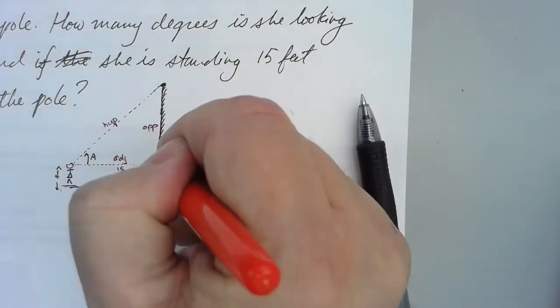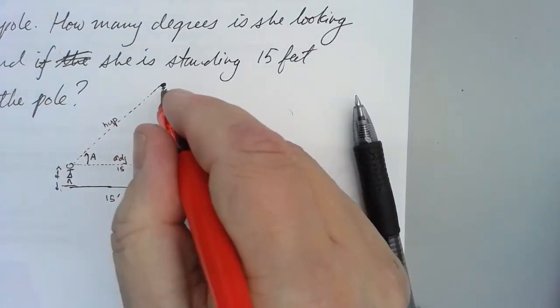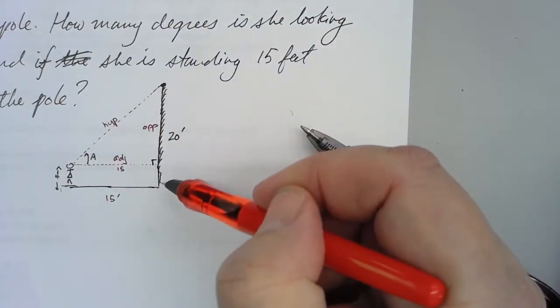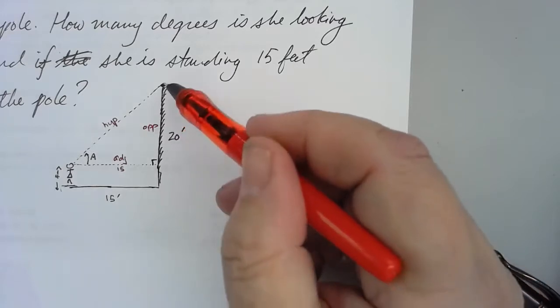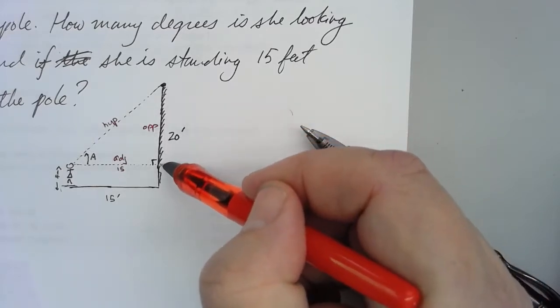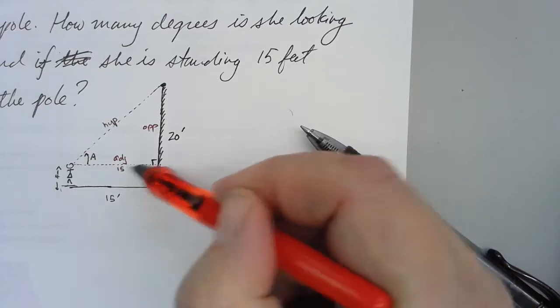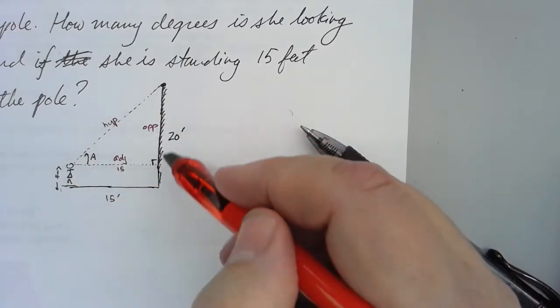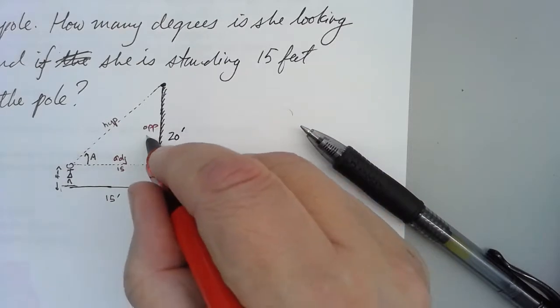But the opposite here isn't the full 20. The pole goes all the way to the ground, like so. And the triangle doesn't. The triangle stops right here, and it stops this 4 feet from the ground. So that means this opposite length here is 16 feet.